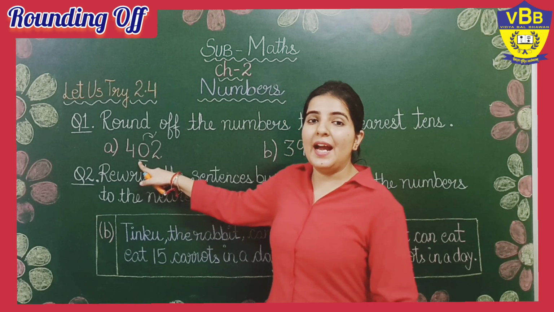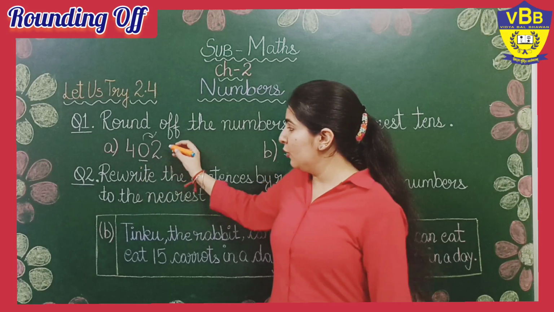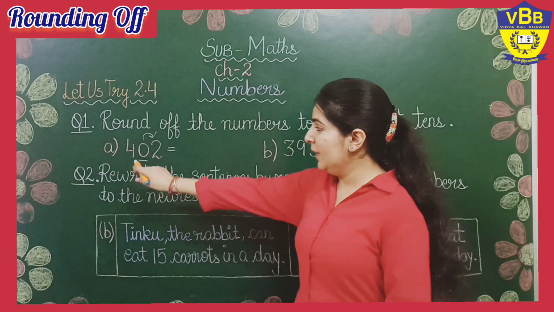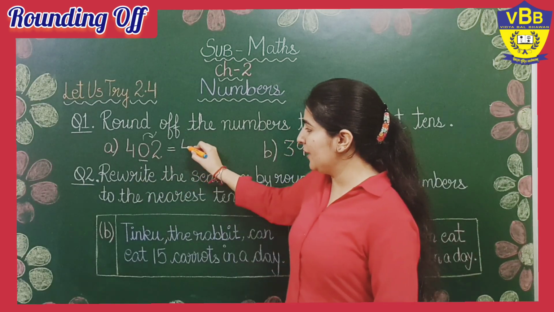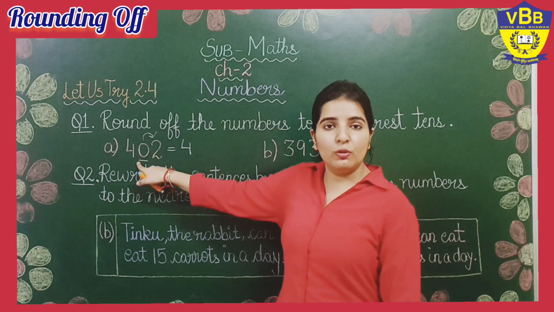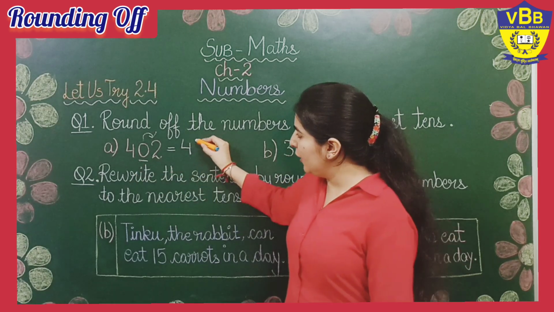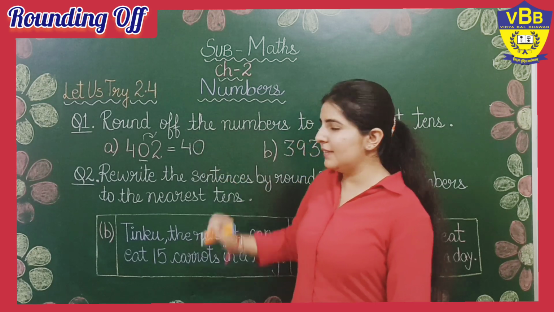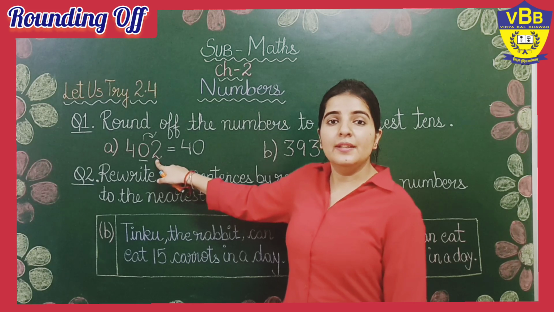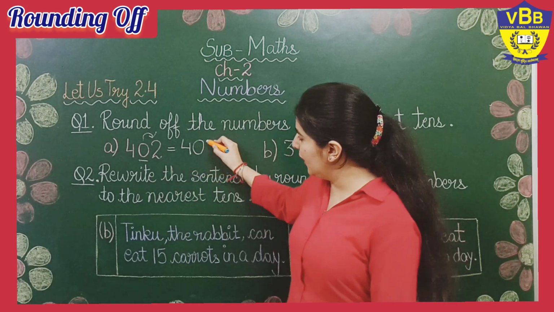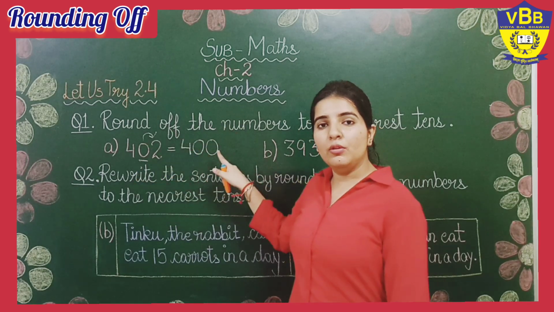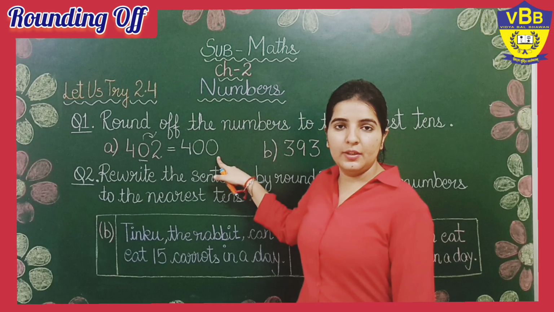We will not add anything to it. Okay, so I am going to round off my number as 4 is on the hundreds place, which remains the same, 4. 0, there will be no change, so 0 will also remain 0, and my ones place will change to 0 again. Okay, so my number 402 will round off to 400.